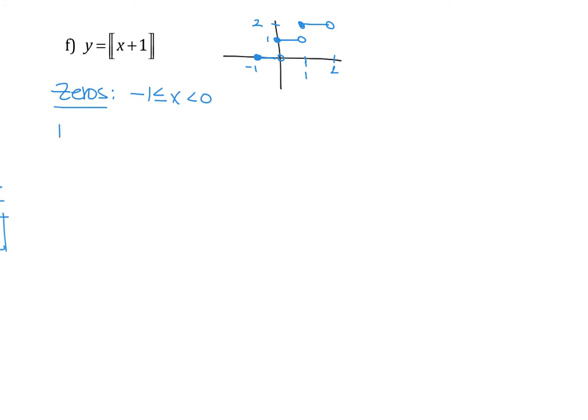For my domain, we end up with all real numbers on that, or negative infinity to infinity, because even though we have some open circles here, that value picks up on the next step. And then for my range, we have only integers, right? It's going -1, 0, 1, 2.